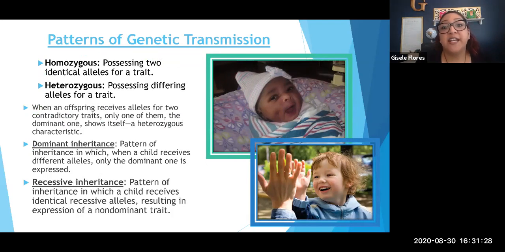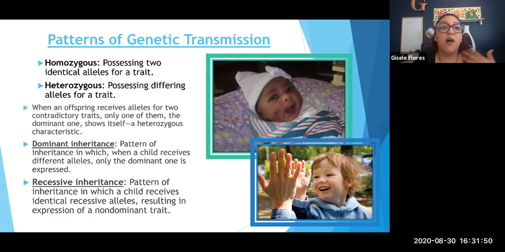More patterns of genetic transmission. Genes come in different types, which determine how that gene is going to be expressed, and these are called alleles. When a gene is being passed on, it's being passed on through these alleles, and it can be passed on in a couple of different ways.